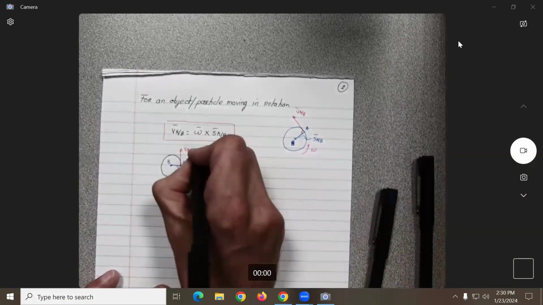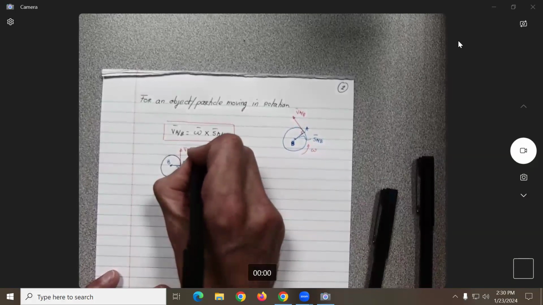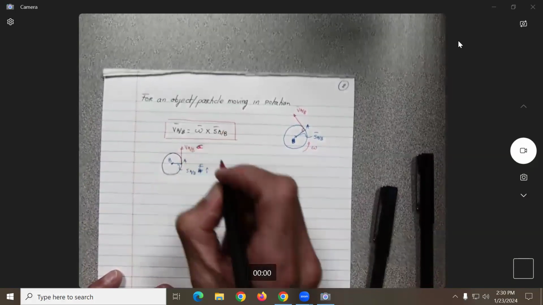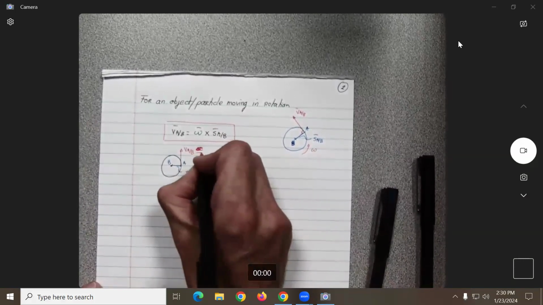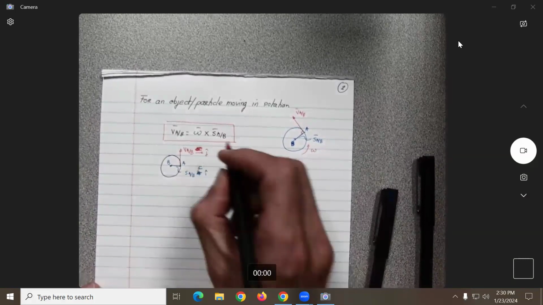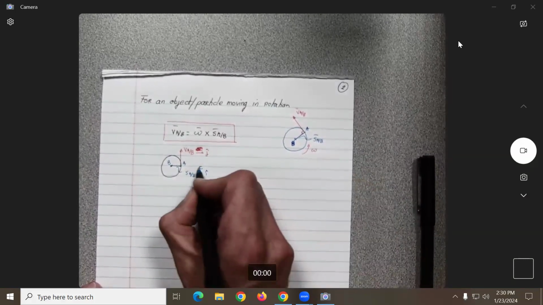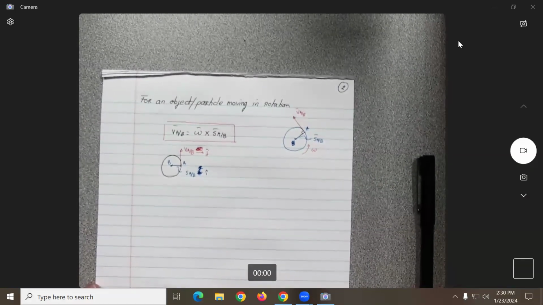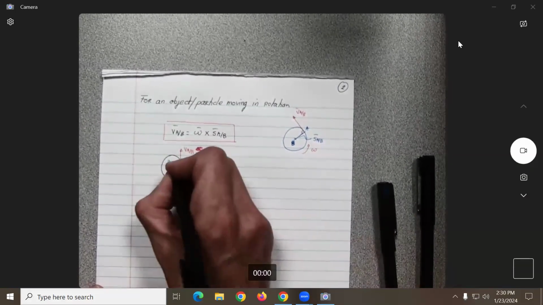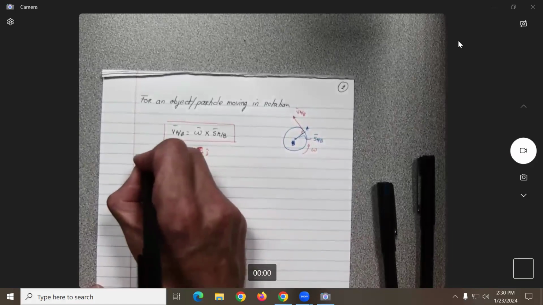Forget about this. I want to say that this will be in the J direction. This will be only in the I direction. Okay. And now the omega should be coming in what direction?